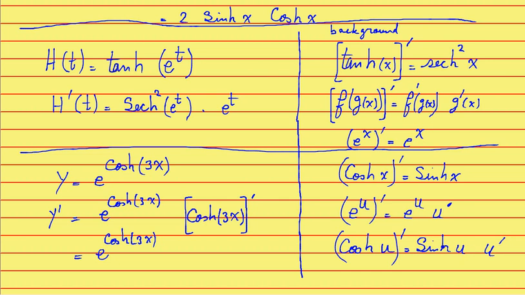So derivative of cosine is sine hyperbolic. Whatever the original function was applied to, the derivative applies to the same thing. Now 3x is our interior function. This 3x is playing the role of this u here. So I need the derivative of that one also. Derivative of 3x.